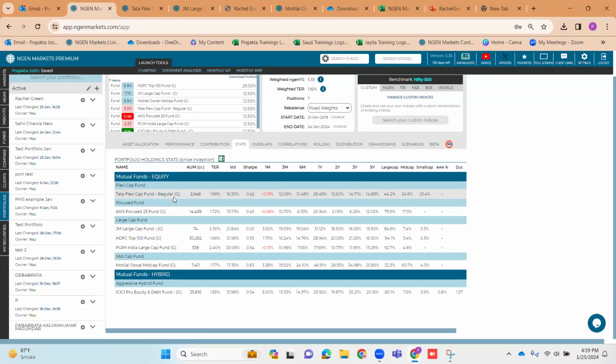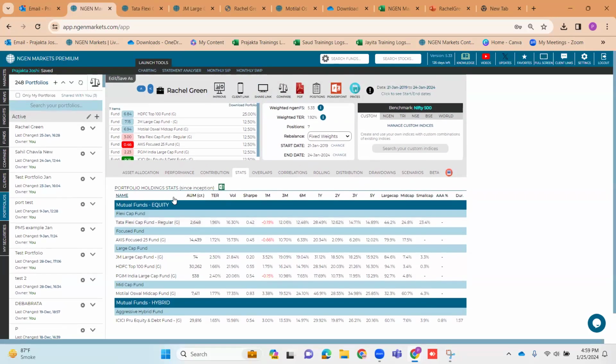But what I'm trying to say is, if the option is there, at least on one platform we can put what the performance of the benchmark has been, and basis that relative performance or underperformance, investors can take any call they wish. Otherwise, I have to separately make 25 slides, put out the performance vis-a-vis the benchmark, and incorporate some different slides that way.